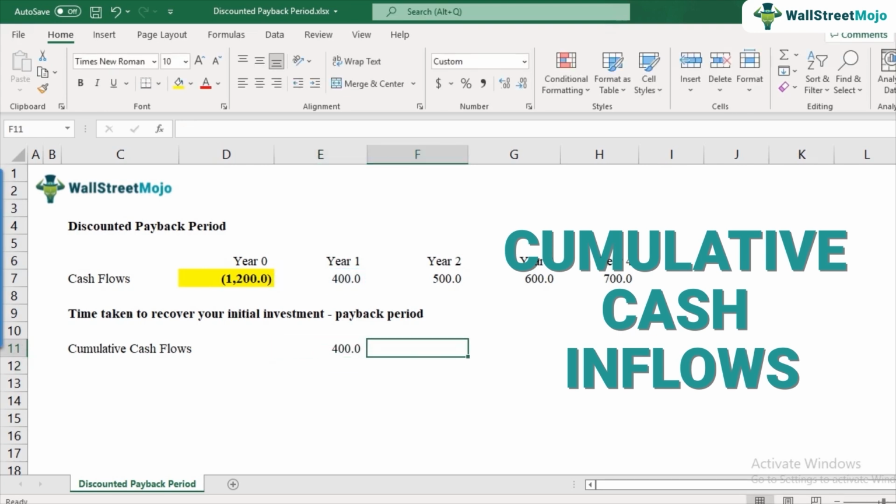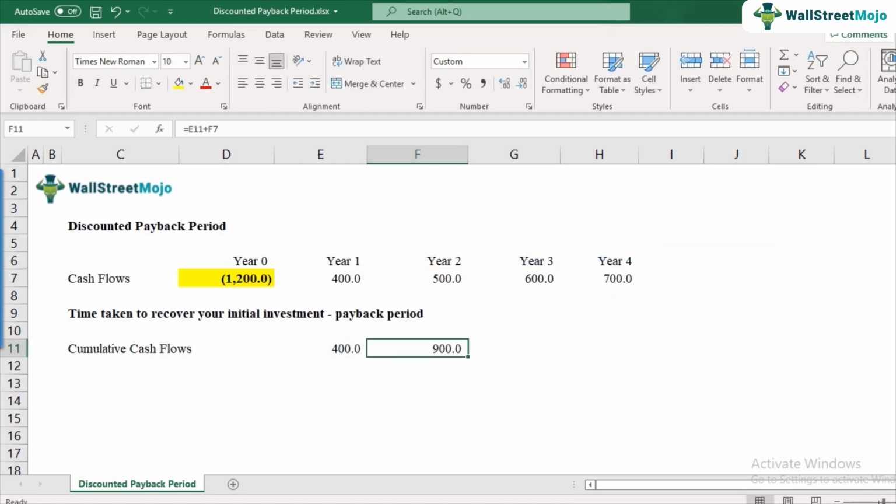What about the second year? The cumulative would be the first year's cash flow of $400 and then another $500. So we have recovered $900 by the end of year 2. And likewise, we continue for year 3 and year 4. So overall, this project yields a cumulative cash flow of $2,200.